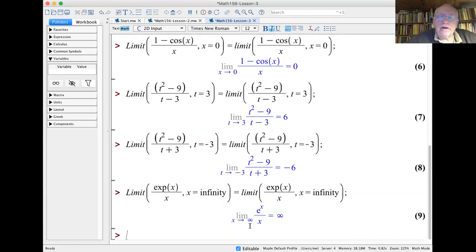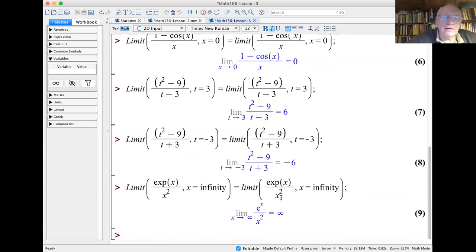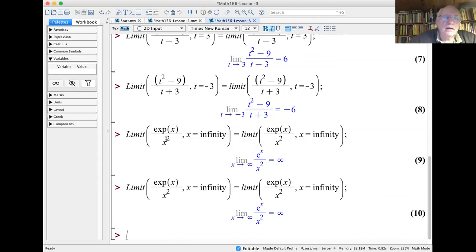That goes to infinity. What about x squared? Make the denominator bigger. It also goes to infinity. Let me write these two down separately. And here, this is usually over x.